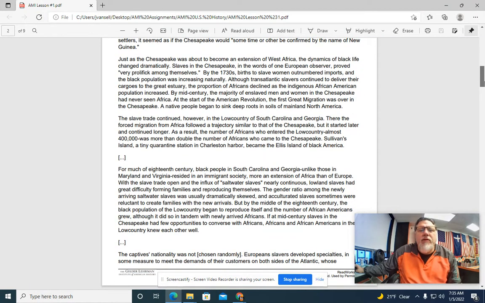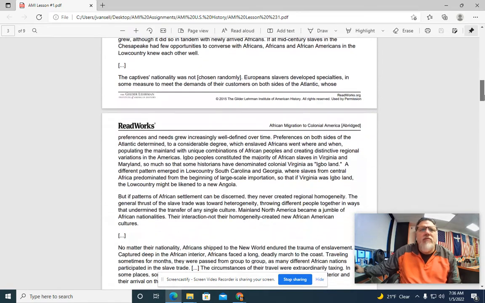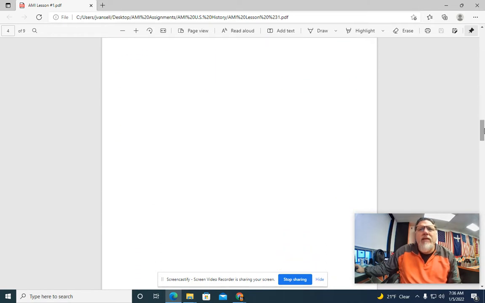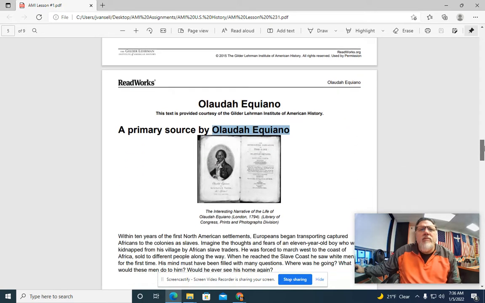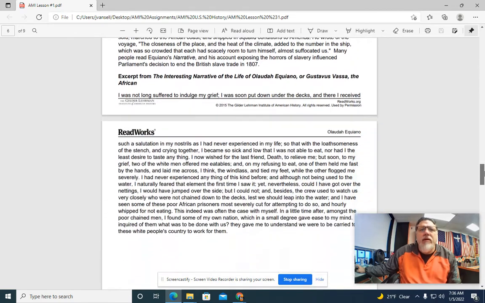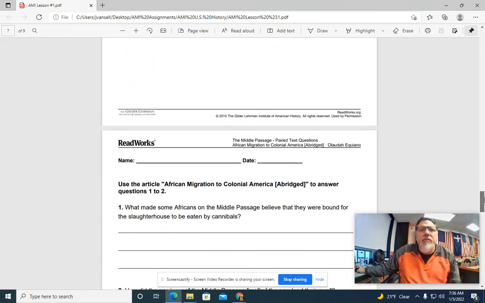Yeah, there's going to be a word or two you don't know, but read for the meaning. Read everything around it and you'll understand what something means. Okay? It's not very long, page and a half or so. Read that reading. And then there's also going to be a primary source from Olaudah Equiano, which is a man who actually endured the Middle Passage and came to America by way of a ship.